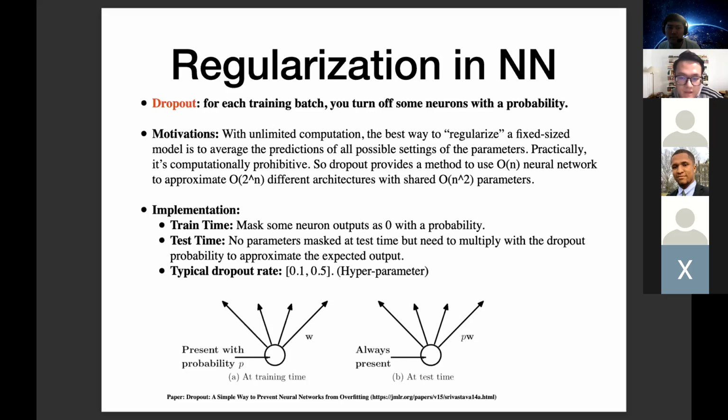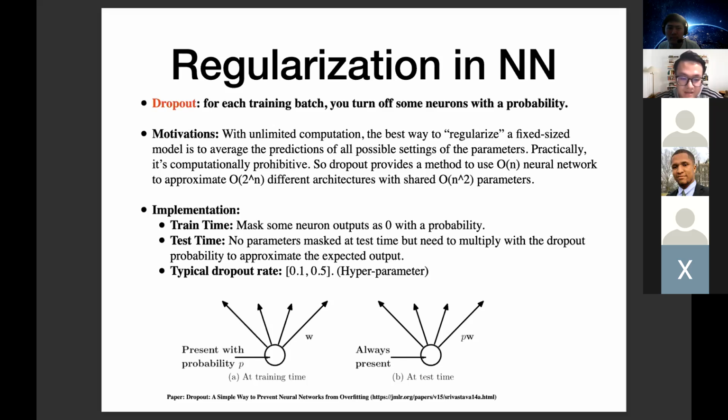And for the implementation, you need to take care, because at training time you need to mask some neuron outputs as zero with probability p.